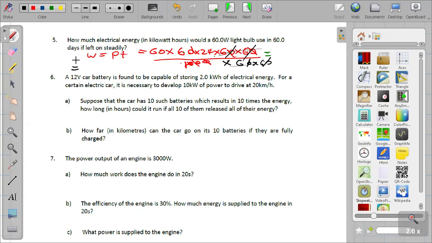How many kilowatt hours will be there? You don't want to multiply this by the time, because you are finding it in hours, only 24 hours.